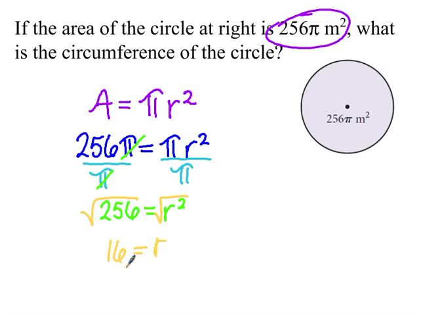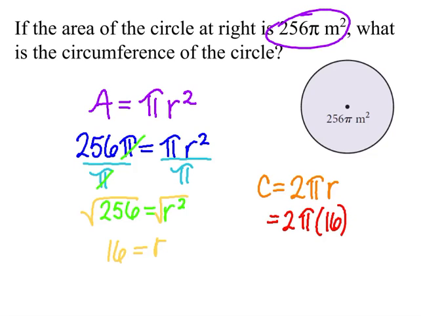Now it asks me to find the circumference. I know the circumference from the first slide is 2 pi r. So in this case, I've got 2 times pi times 16, which is what? 32 pi. What will my label be for circumference? Meters.